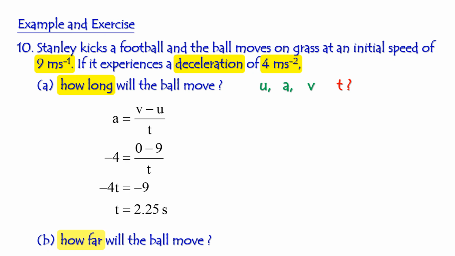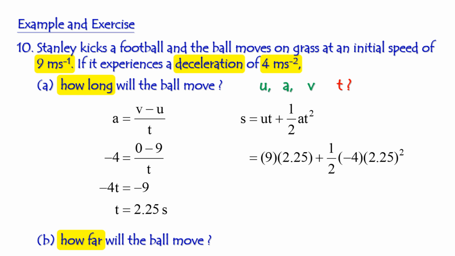And how far? How far means the distance traveled by the ball during the journey. So you have to use this equation, and then you put all the numbers into the equation. The initial speed is 9, and the time taken is the answer in part a, 2.25, plus half times minus 4, which is the deceleration, times the time taken 2.25 squared.